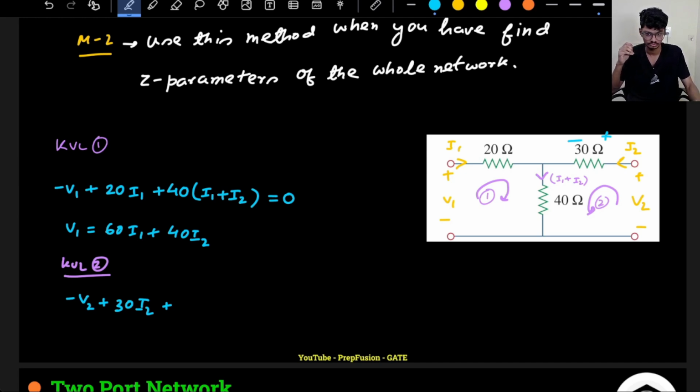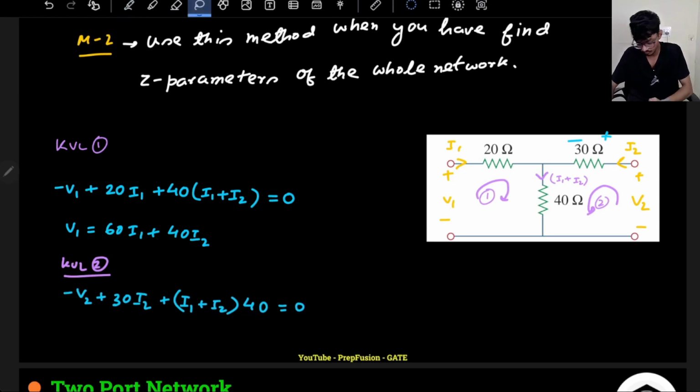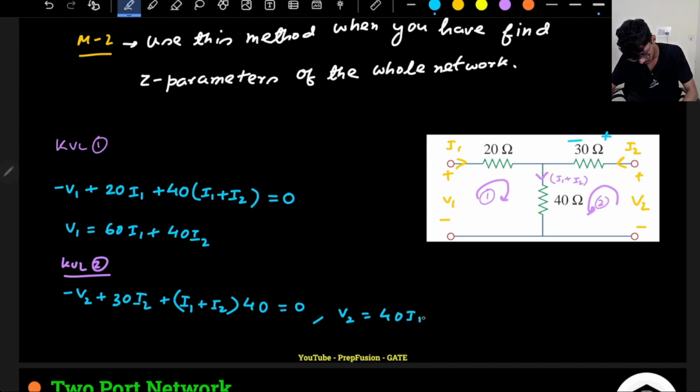So this will be plus 30 into I2 plus I1 plus I2 into 40 equals 0. From here you can directly write what V2 is in terms of I1 and I2. So V2 is equal to 40 into I1 plus 70 into I2.